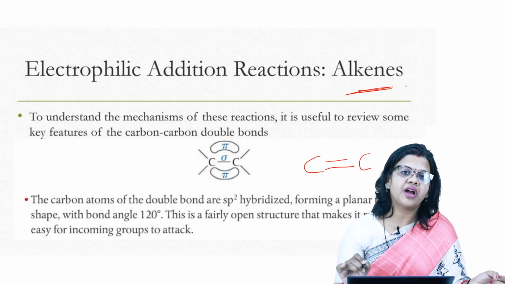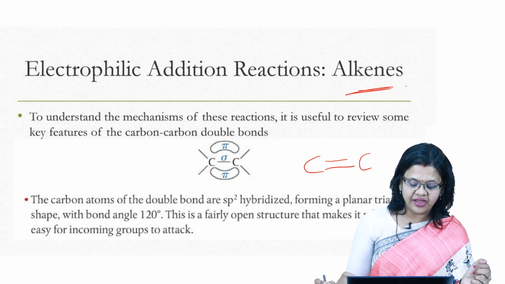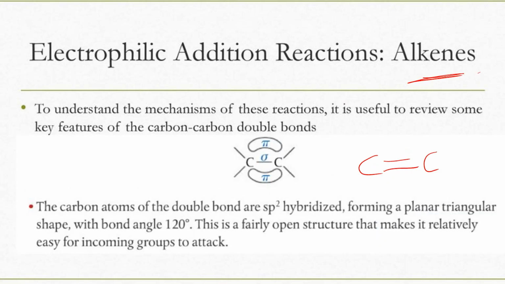This point of carbon-carbon double bond is the point of unsaturation, and in alkenes, carbon has sp2 hybridization with a bond angle of 120 degrees with respect to the neighboring atoms. This structure makes it quite easy for the entering species to come and attack the electron dense population where the excess electrons are present.